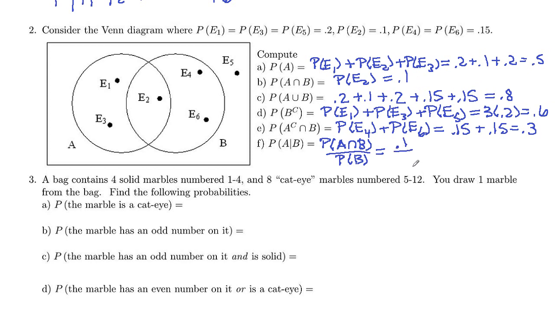And then probability of B, well, probability of B complement was 0.6. So the probability of B would be 1 minus 0.6, 0.4. So that's 1 divided by 4, 0.25. So that's Venn diagrams.